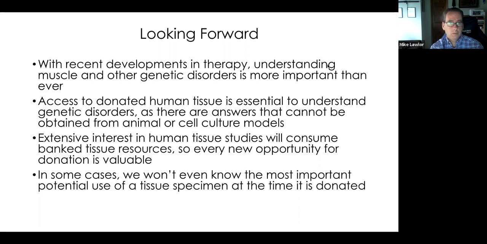It's really important to have access to human tissue to donate, to understand genetic disorders, for a lot of the reasons that I've talked about, because the animal models and cell culture models are great, but they have limitations. And increasingly, we're at a point in therapeutic development where the differences between humans and animals are really a big limiting factor.